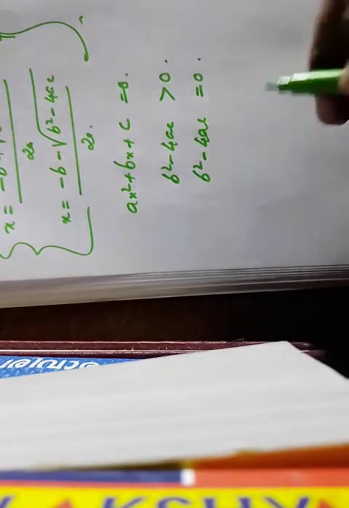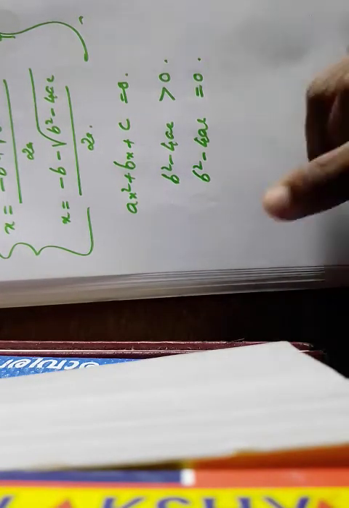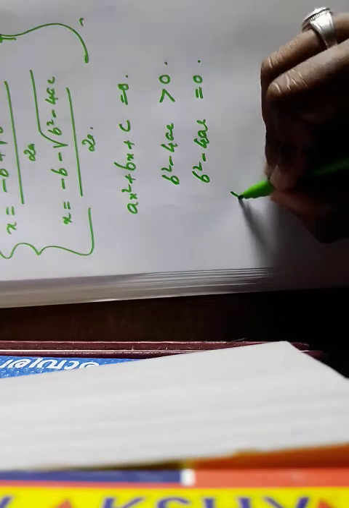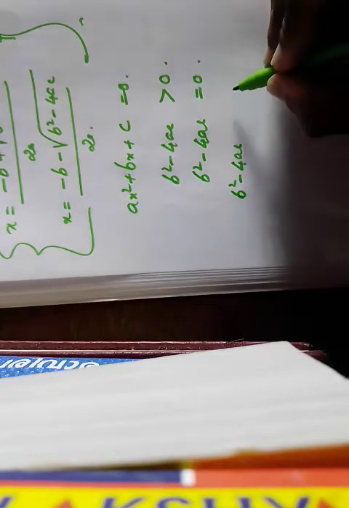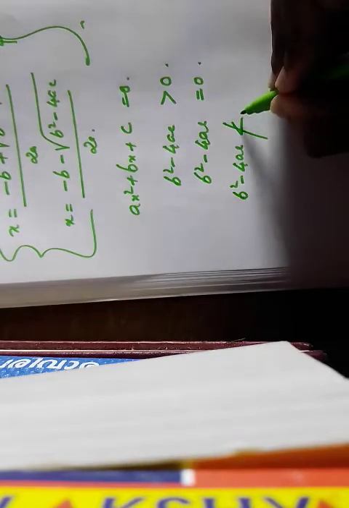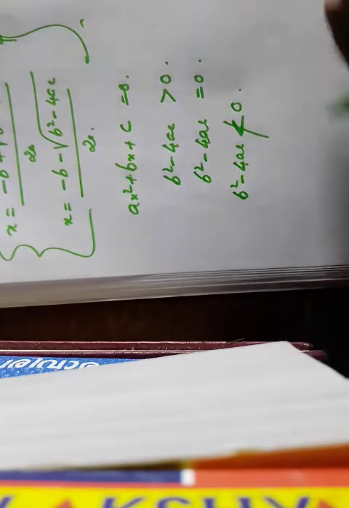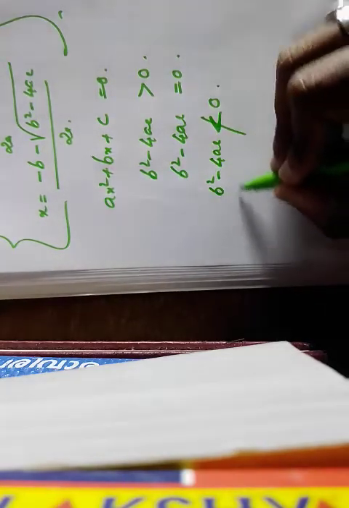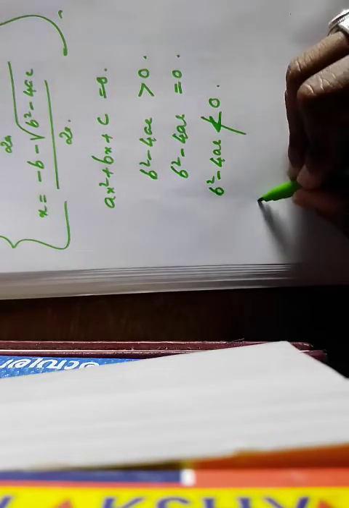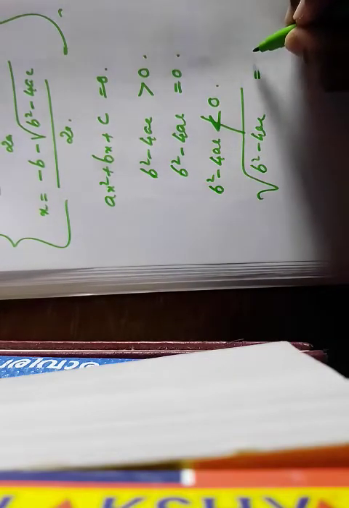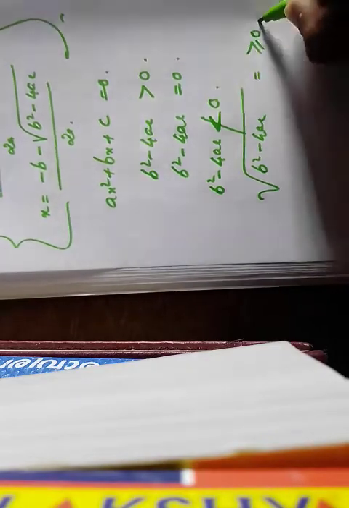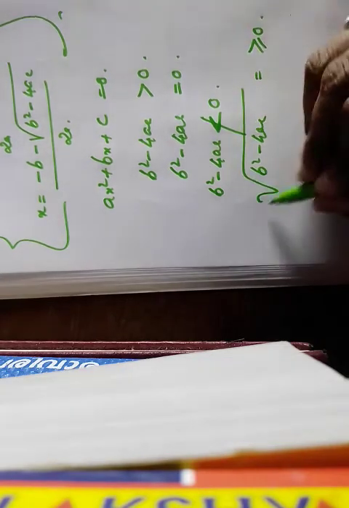The only condition that should not happen is b square minus 4ac being less than 0. It will not be a negative term, because when we take the root of b square minus 4ac, it should always be greater than or equal to 0. That is the one and only condition required here.